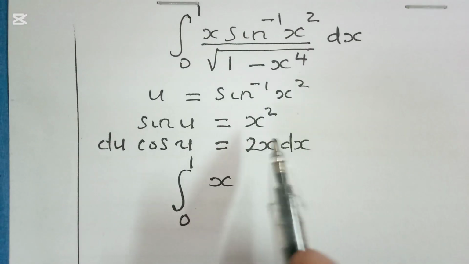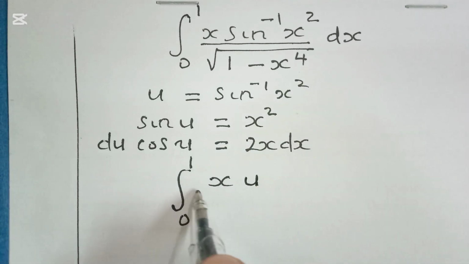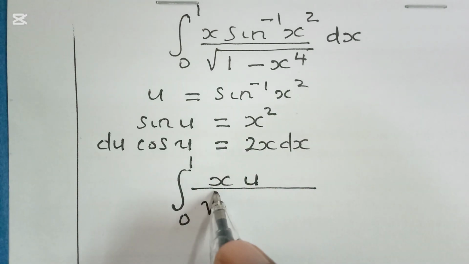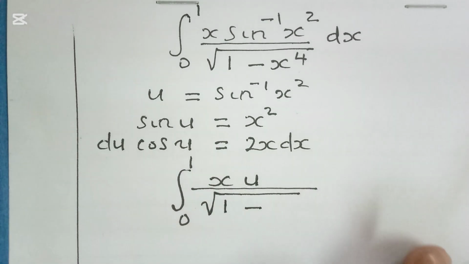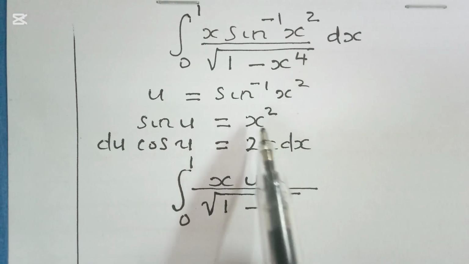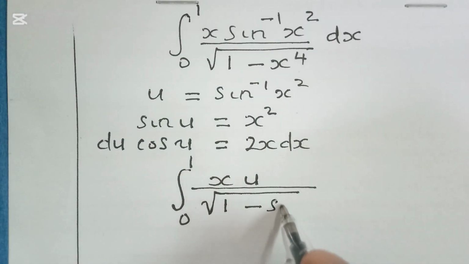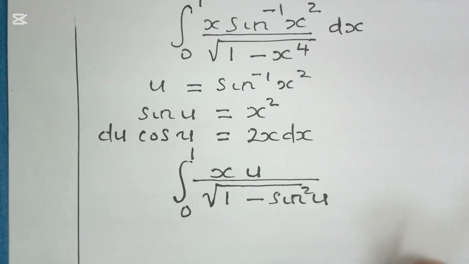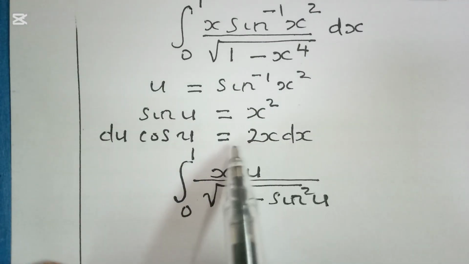Instead of writing sine inverse x squared, I am now going to write u there, all over square root of 1 minus x raised to 4. x squared is sine u, so x raised to 4 will be sine squared u.